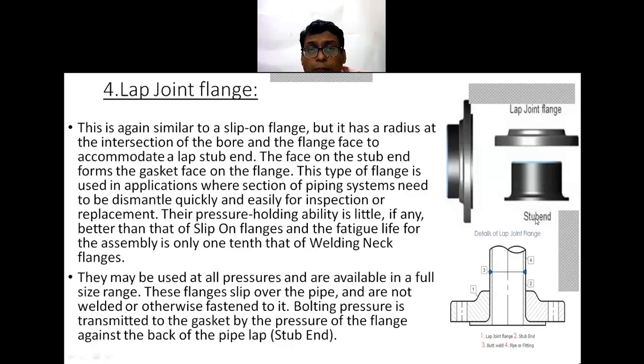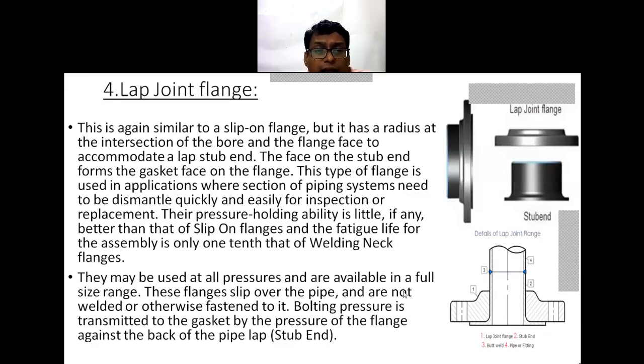But the pipe can be passed through that. This type of flange is used in applications where sections of the pipe system need to be dismantled quickly and easily for inspection and replacement. That is, the alignment is very easy, and that is why it can be opened very frequently.